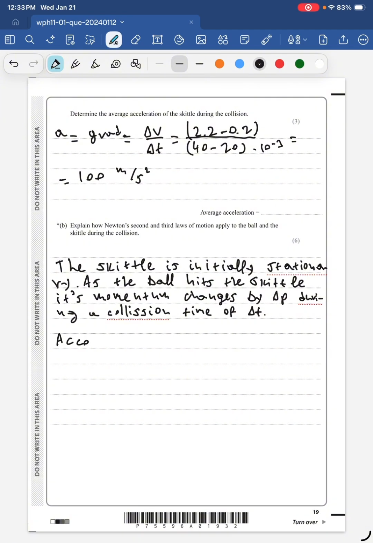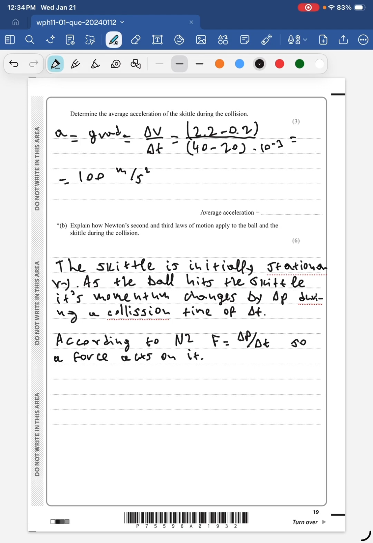According to Newton's second law, let's write it N2, F is change in momentum with respect to time, right? So a force acts on it.